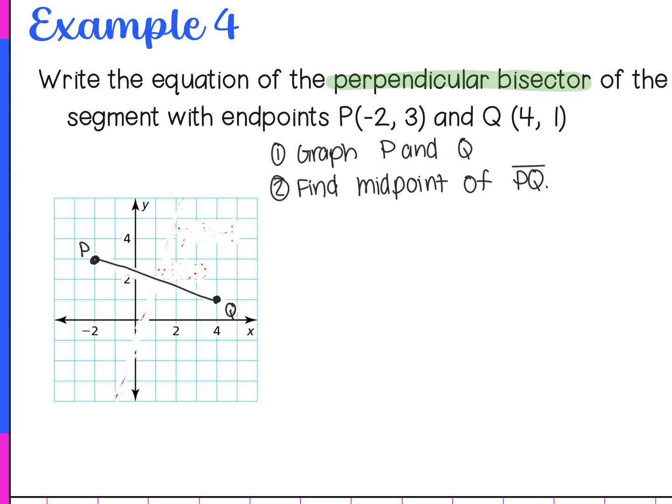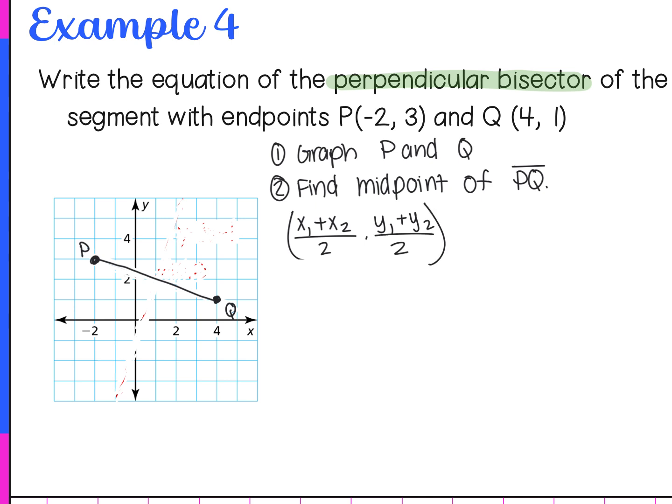So midpoint, think of it as you're dividing it by 2. It's x1 plus x2. You're adding the 2 points and dividing it by 2. You're trying to find the middle. That's how you're finding the middle of something. And then you're going to have y1 plus y2 over 2. Okay, that's the midpoint formula.